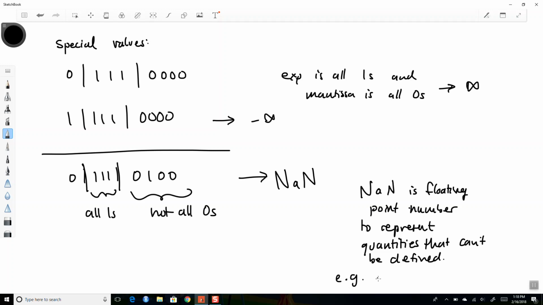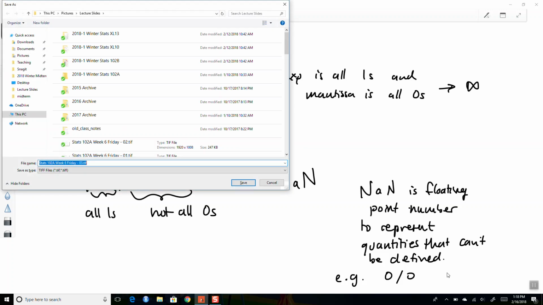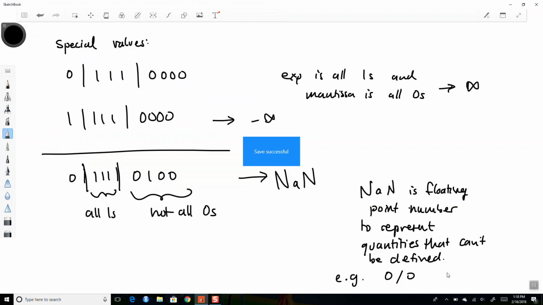So, for example, 0 divided by 0 will return not a number. I believe this is from the IEEE 754 1984 specification, and they did it in 1998, I believe, and I think this part changed slightly. It's not that big of a deal, all right?